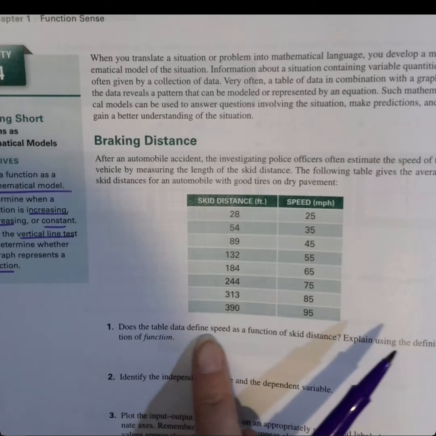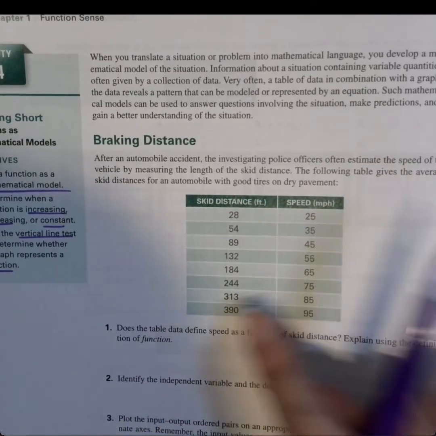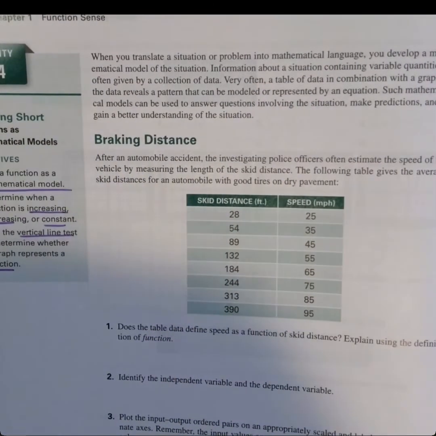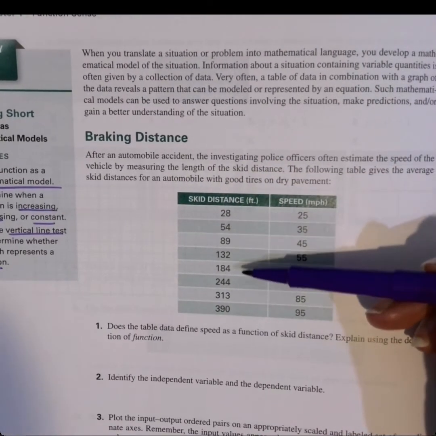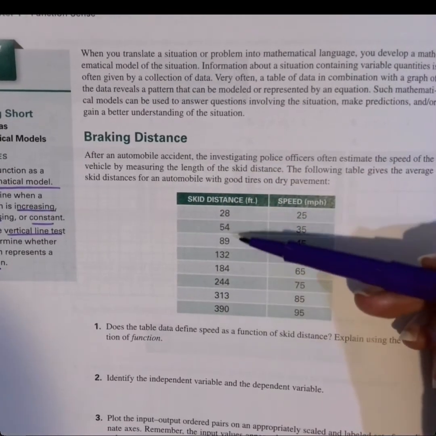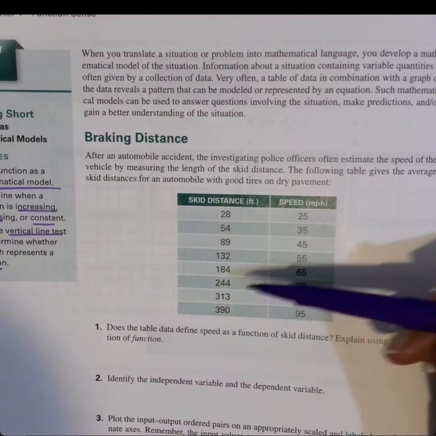Does the table define speed as a function of skid distance? So we can scan through our values for distance to make sure that each of the values has just one output.